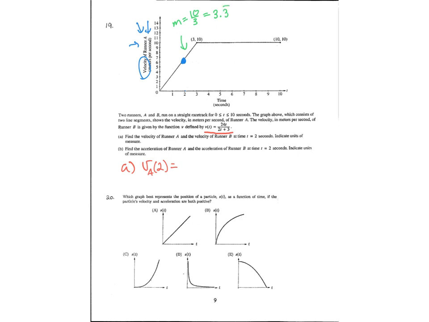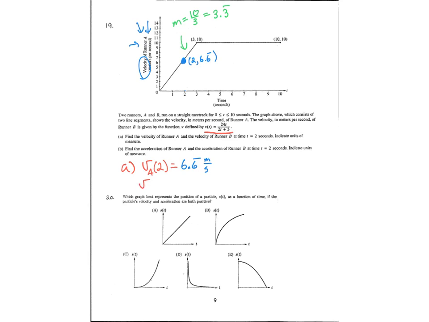That means that for every 1 unit we go over, we go up 3.3 repeating. So the velocity at time 2 would be 6.6 repeating. So the velocity at time 2 of runner A is 6.6 repeating meters per second.